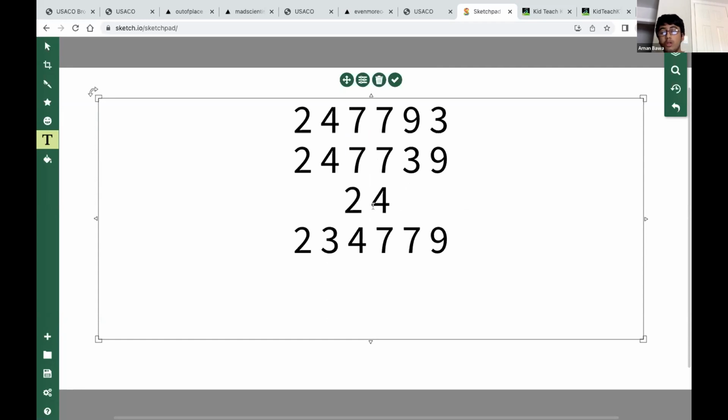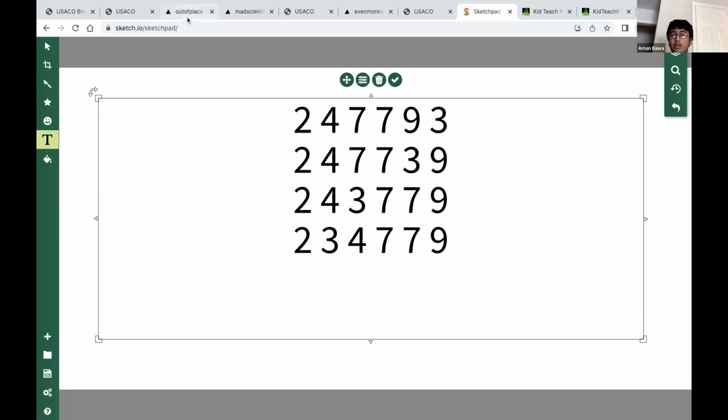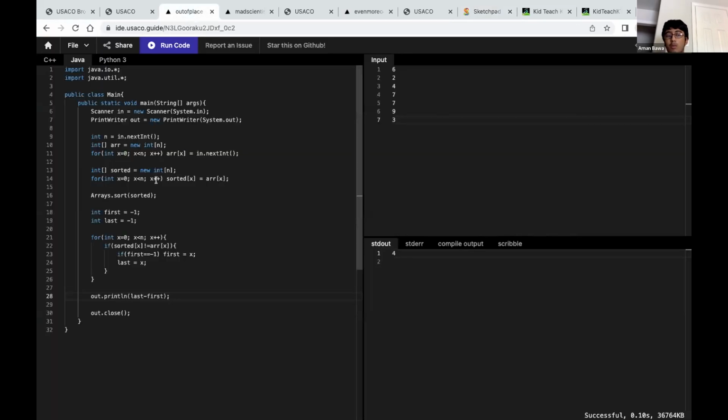So 2, 4, 7, 3, 7, 7, 9. And in this way, by swapping these two, it's equivalent of swapping the first two and then swapping the last two. So we can keep track of this using another variable, which is the number of repeats.